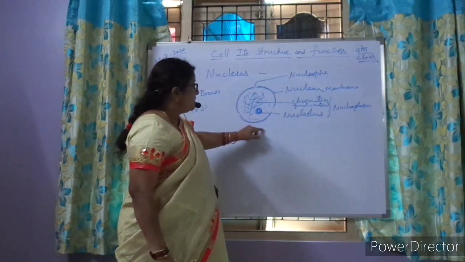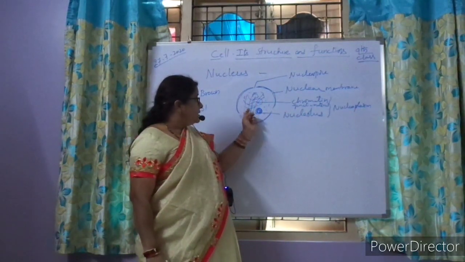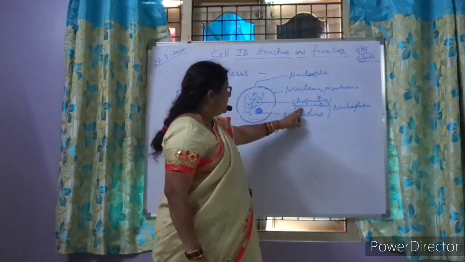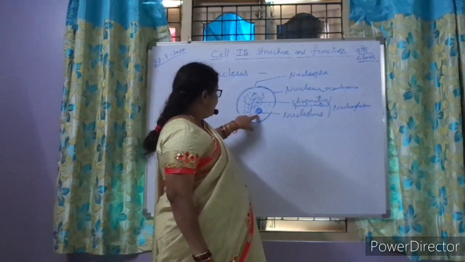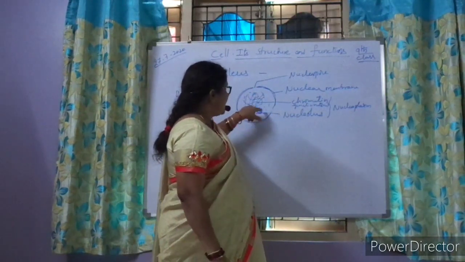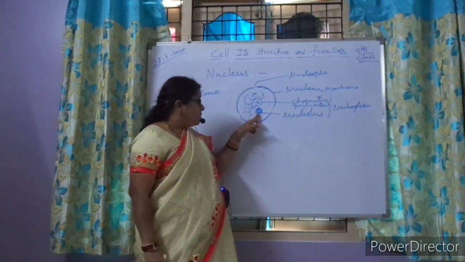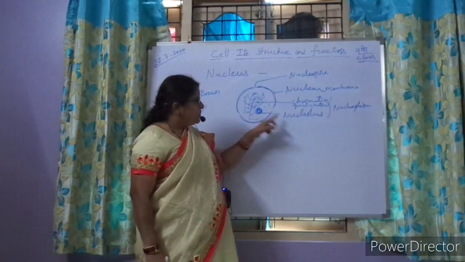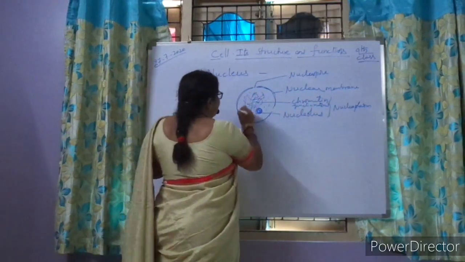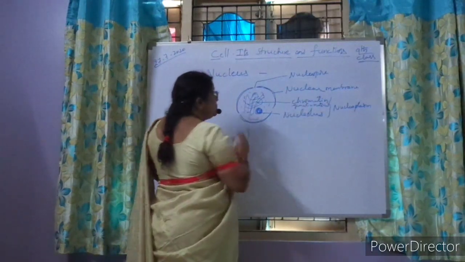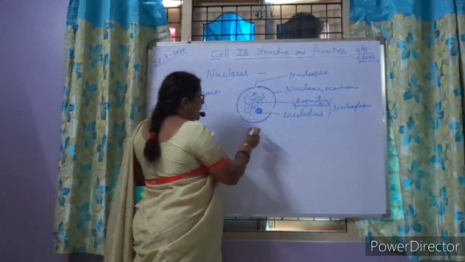The membrane which is covering the nucleus is called the nuclear membrane, and it contains the genetic information, which we call chromatin. The entire content present inside that nuclear membrane is called nucleoplasm, and there is a dark staining body inside that nuclear membrane which we call the nucleolus. There are gaps in between, and those gaps we call nuclear pores.